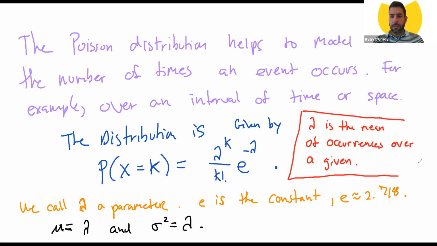So what that means is you can't really do anything unless this number is given. So here's a standard example, and hopefully it will make some sense to you.